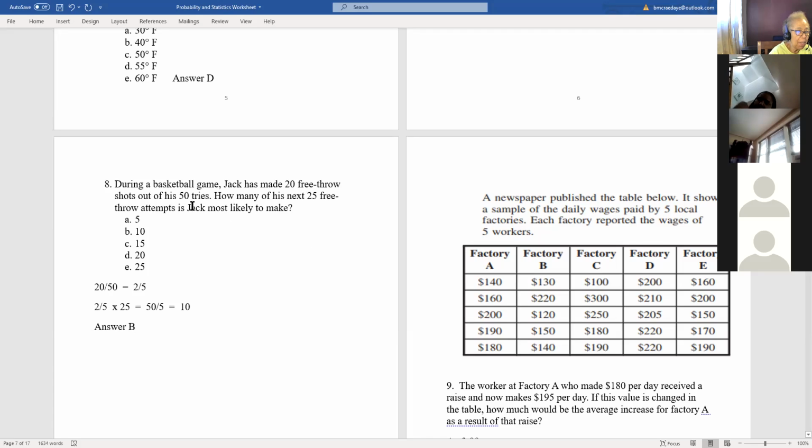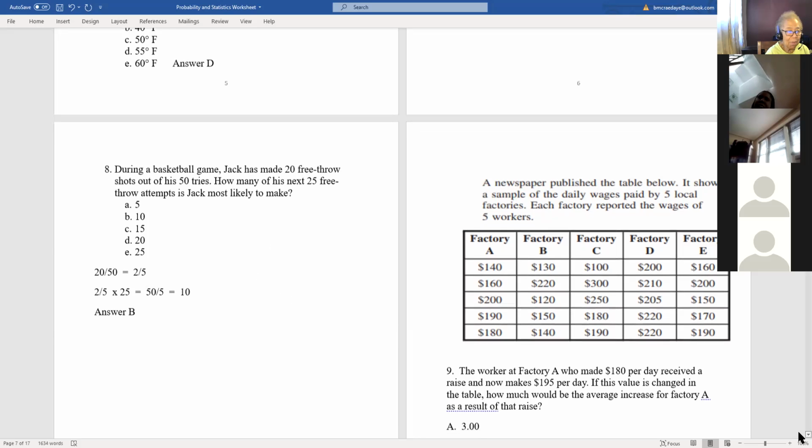So how many of his next 25 is he most likely to make? 10. And what's 10 over 25? 10 over 25 is 2 over 5. Same proportion, right? Questions on number 8? No. Okay, let's go to number 9.